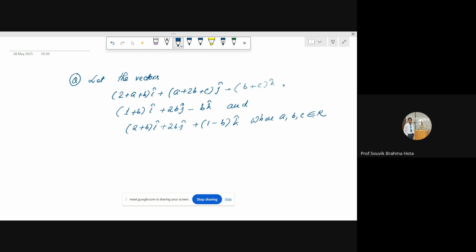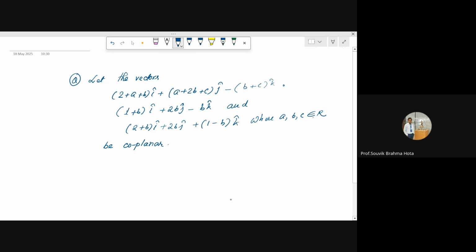And the question is, let the vectors be coplanar. So here you write coplanar. Coplanar means, by theory, vectors which are in one single plane. Suppose this is your screen where you are seeing this problem. If in this screen this is a plane, whatever vectors I draw are all coplanar in nature.